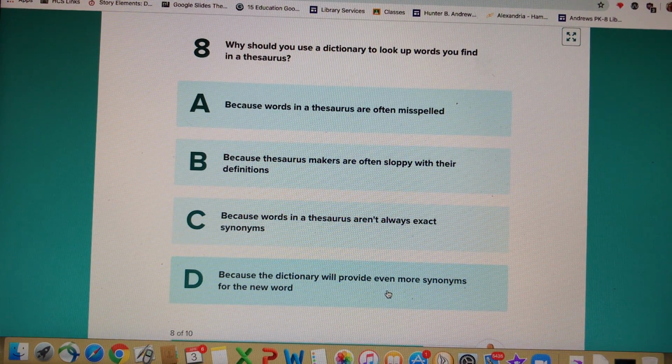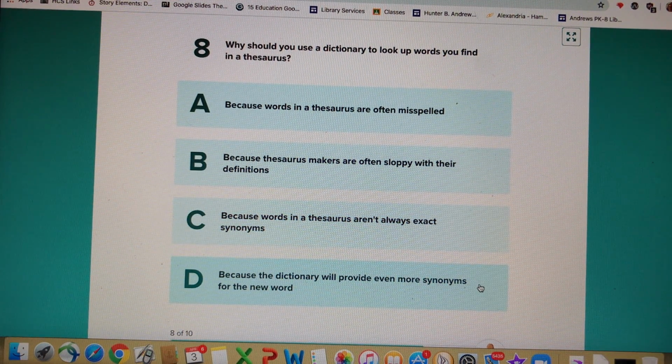Now, let's think about this. Because sometimes Miss T has a hard time too. Because words in a thesaurus are often misspelled. No, I don't think so. Because the thesaurus makers are often sloppy with their definition. No. Because words in a thesaurus aren't always exact synonyms.